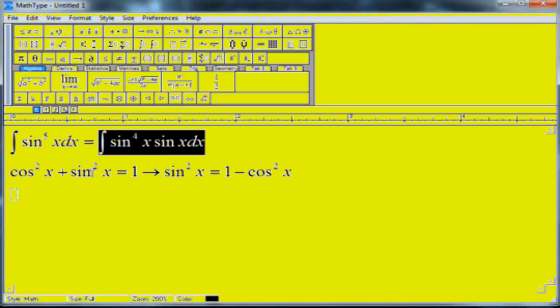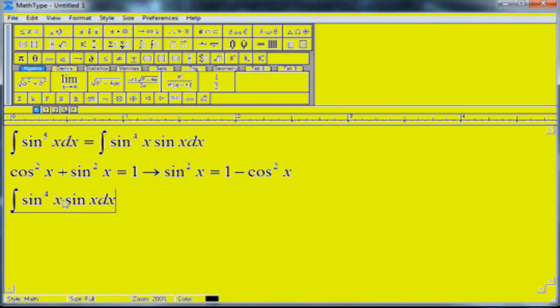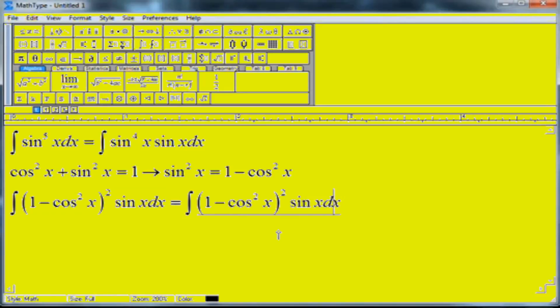Okay, so now we take this integral, and well, this is sine to the fourth, but that's no problem. We could just write this as sine squared, squared. But then sine squared is 1 minus cosine squared of x. So put that in. From here we can expand.